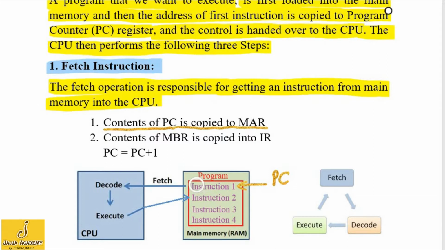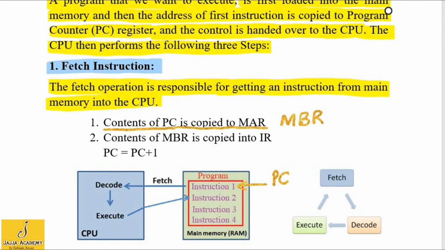As we just discussed, the PC register is holding the address of instruction 1. So the contents of the PC are copied to the MAR register, Memory Address Register. Then a memory read operation will be performed, and after the memory read, the actual instruction that is fetched from memory will be placed on the memory buffer register, MBR register.